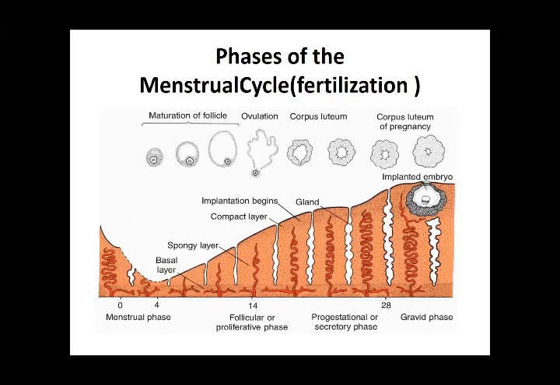The corpus luteum continues to produce progesterone and maintain the endometrium, helping the implanted embryo grow until the placenta is formed, which then provides the progesterone. The corpus luteum becomes the corpus luteum albicans, and the developing zygote is maintained. That is the phase when fertilization occurs. These are the two changes which are going to be there.